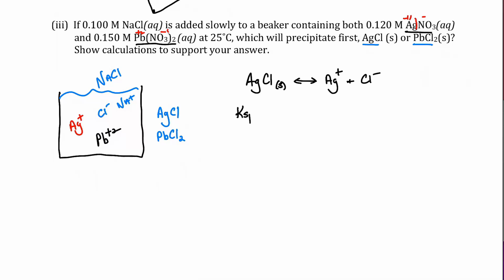What would be the KSP here? Well, for the millionth time, it'd be products over reactants, coefficients become exponents, solids and liquids do not apply. I have that. And from the previous page, where it started with B, they said that the KSP for silver chloride was 1.8 times 10 to the negative 10.